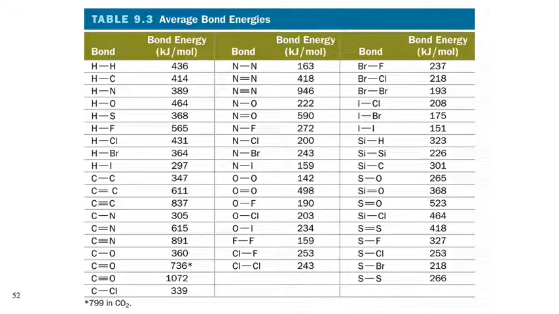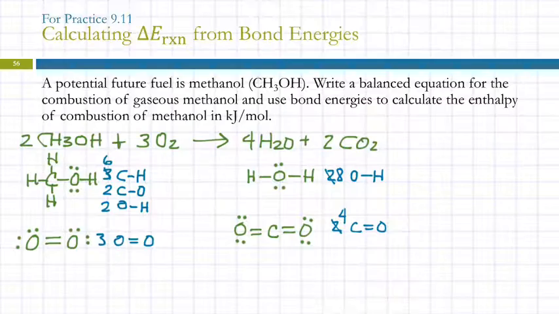And I think we had a carbon-oxygen single bond, which would be right here, 360. Did I miss any? Okay, so let's go back here. I think I got them, yeah. Okay.